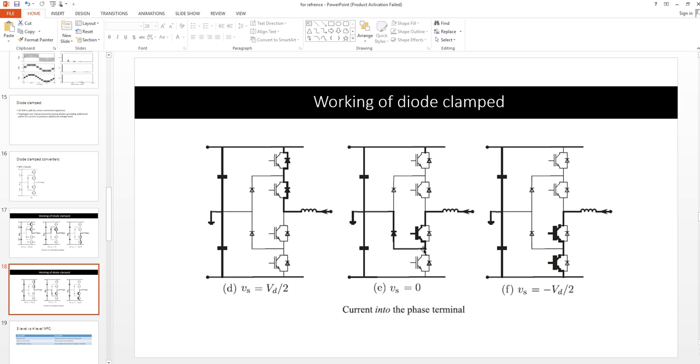This will be the path of the current for the 0 voltage. And if you want to get minus Vd by 2, the current will flow through switches S3 and S4, and it will follow this capacitor. So this is the path the current will flow in order to get the minus Vd by 2 level. This is the switching sequence for the diode clamped converter.